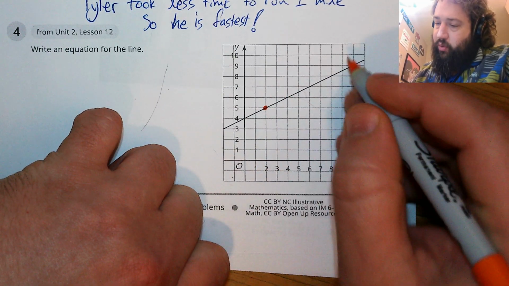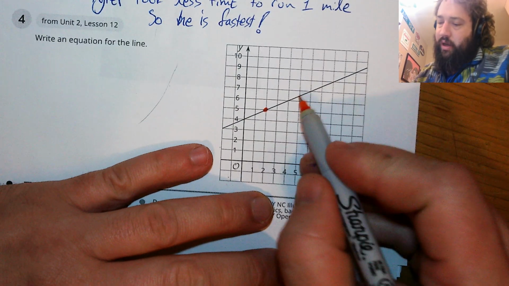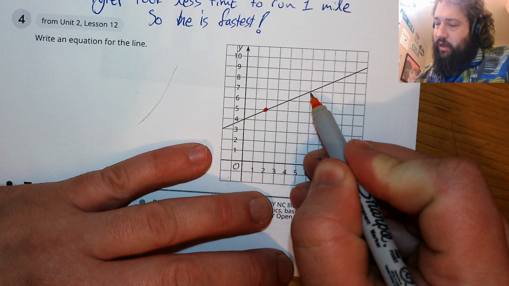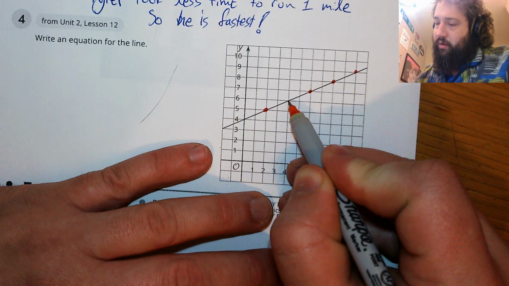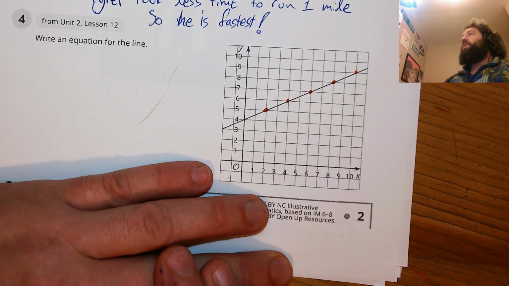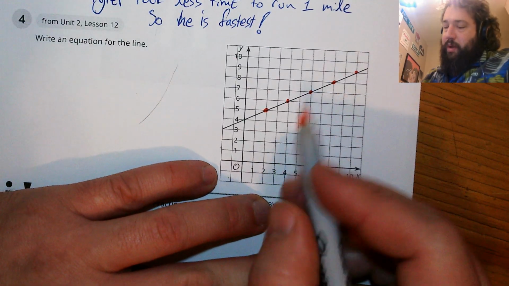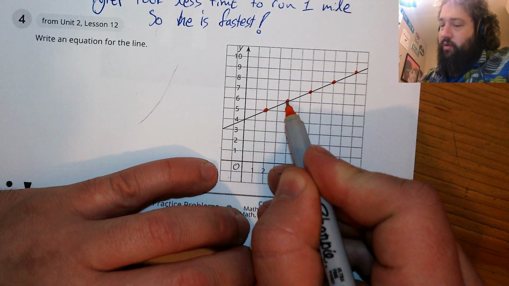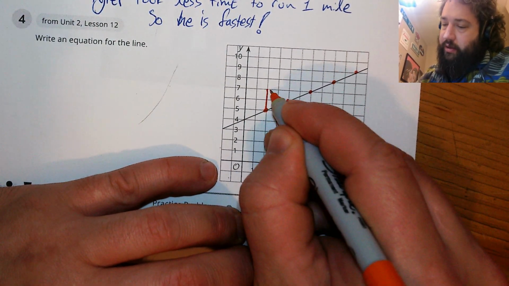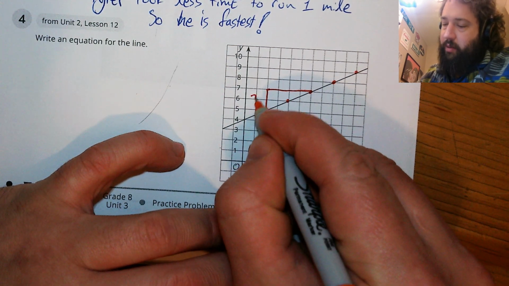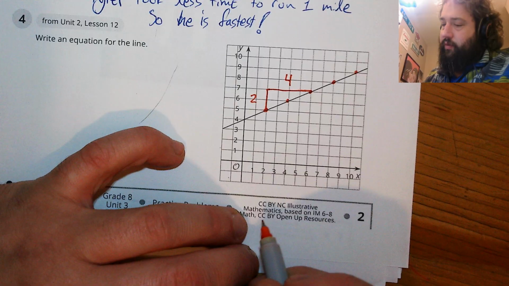When I practiced this one, I picked, I think, this point. You could pick this point, or there's a ton of different points here. It looks like it's going up 1 and over 2, up 1 and over 2. I'm going to go ahead and just go like this. So I'm going up 2 and over 4.